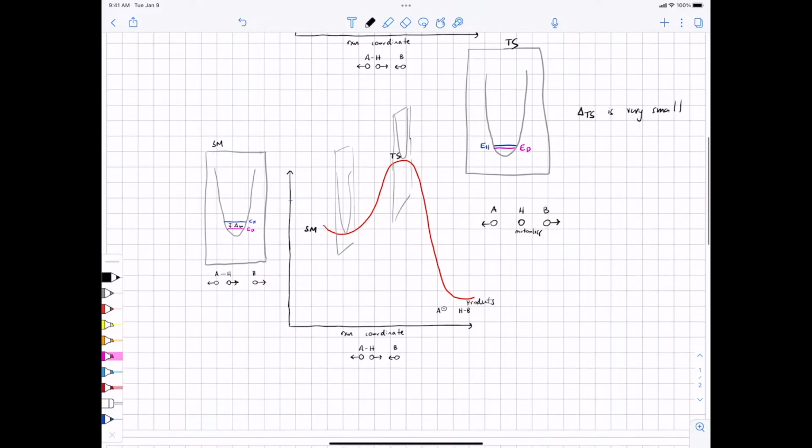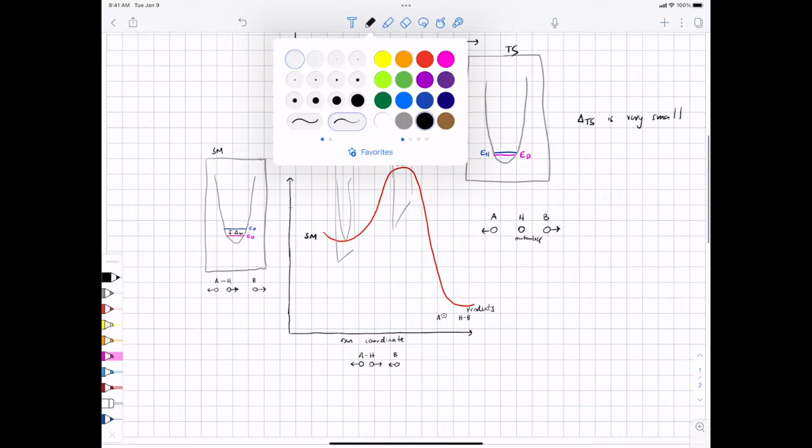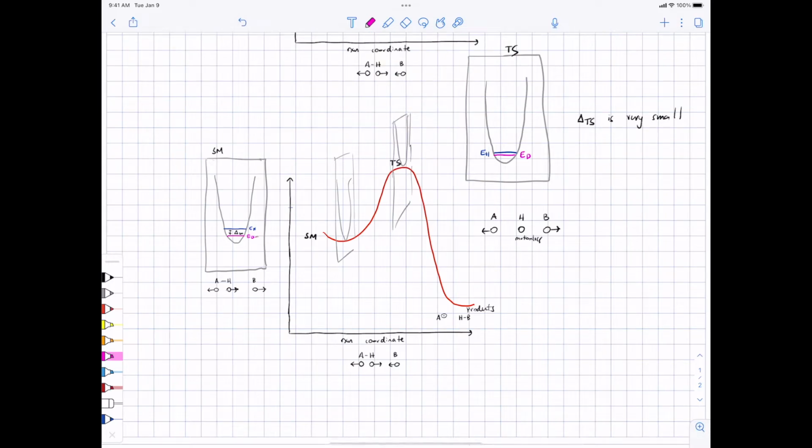And we can see what the consequences of that are by doing what we did previously. So I'm going to extend a line between deuterium in the starting material and deuterium in the transition state. This is going to be my activation energy for deuterium. And then I'm going to extend out a line for the hydrogen in the starting material and in the transition state, sorry.